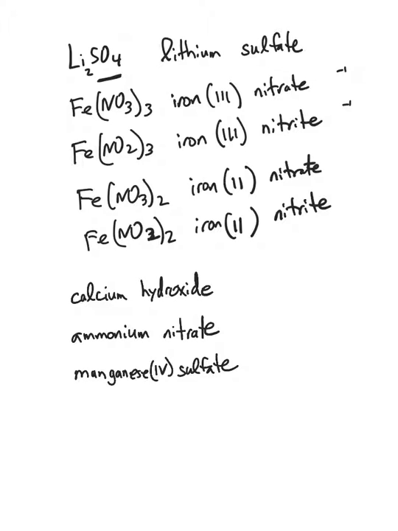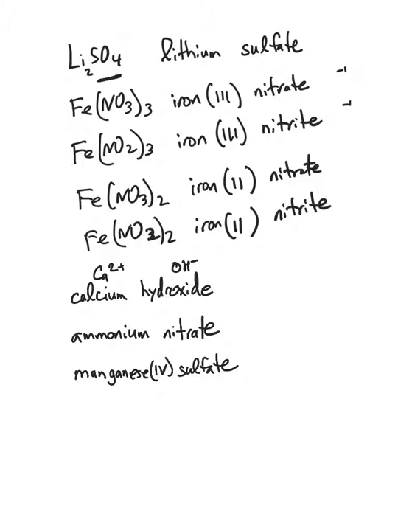So we've done some where we've been given the formula and we need to come up with a name. Now let's do a few where, if we're given the name, we've got to come up with the correct formula. So calcium hydroxide. Calcium, if you look at a periodic table, is in group 2A. It's an alkaline earth. It gets a +2 charge when it forms an ion. Hydroxide is a polyatomic ion.